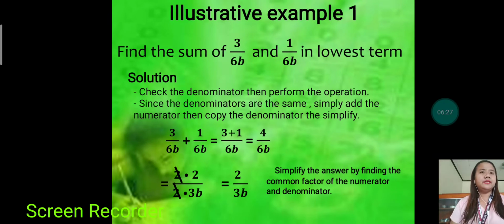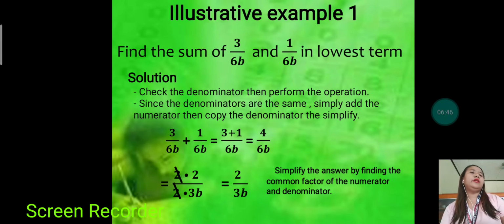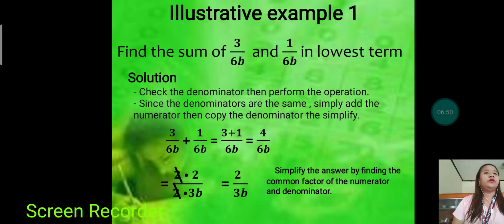We're going to find the sum of 3 over 6b and 1 over 6b, and then simplify our answer to lowest terms if possible. The numerators are 3 and 1, and the common denominator is 6b.